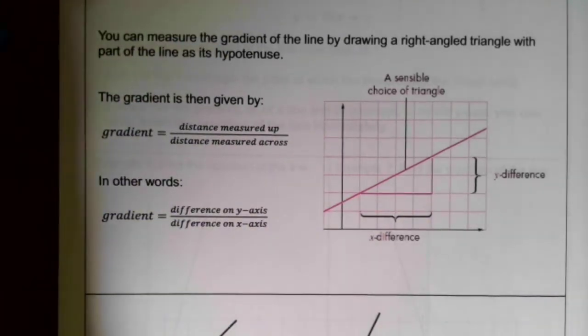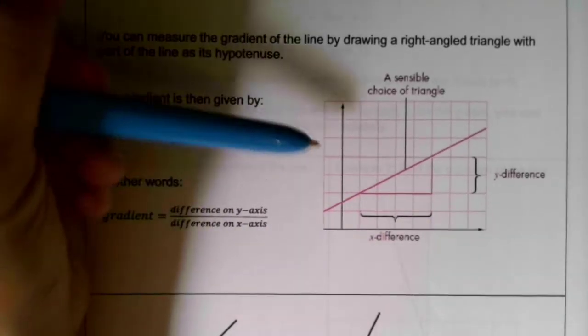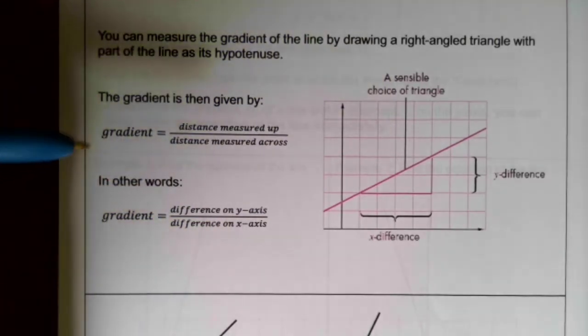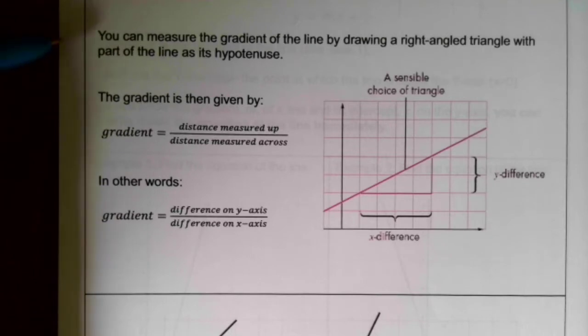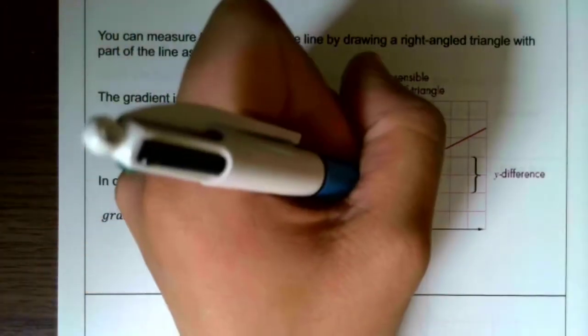So the way that we can measure a gradient is, imagine that this red line is my line. We can draw a right angled triangle with the part of the line as the hypotenuse. So let's say we drew in here and drew in here.